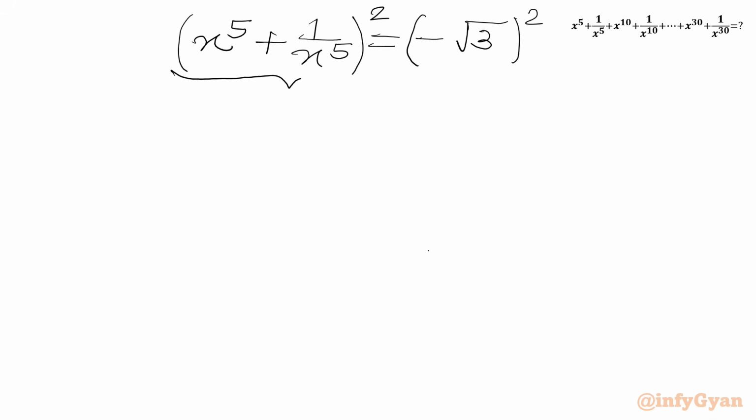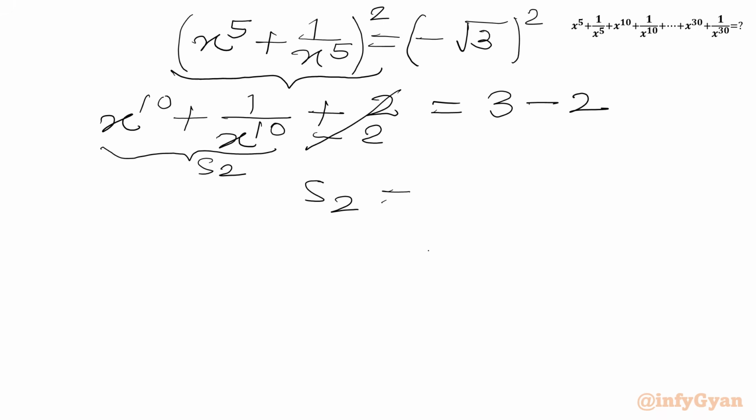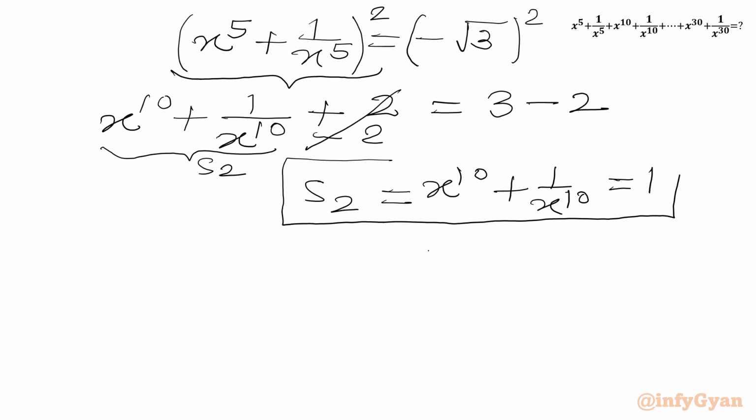We will use the a plus b whole square identity and we can get x power 10 plus 1 over x power 10 plus 2 equal to 3. Now we have to subtract 2 from both sides. Plus 2 and minus 2 will get over. This is our S2. So we will write here S2 equal to x power 10 plus 1 over x power 10 equal to 1.